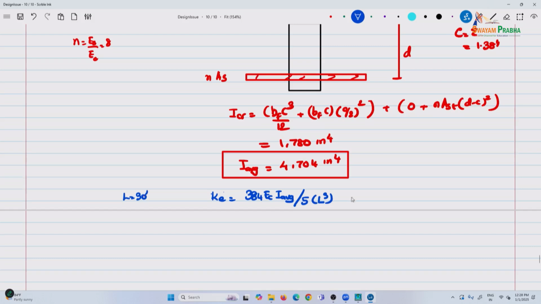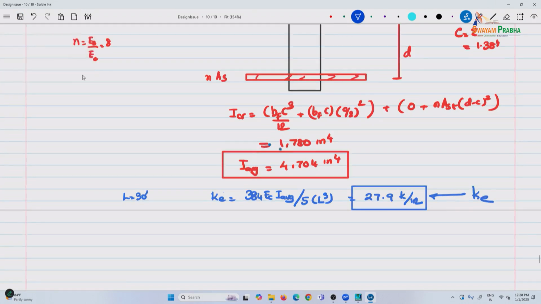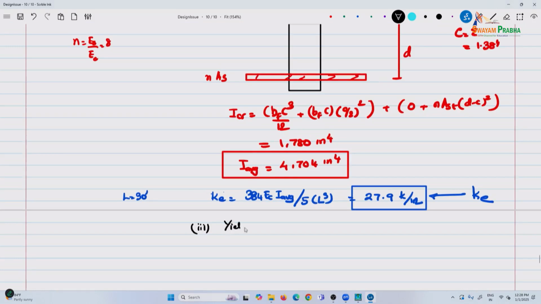So it comes to 27.9 kips per inch. Then we calculate the yield deflection.